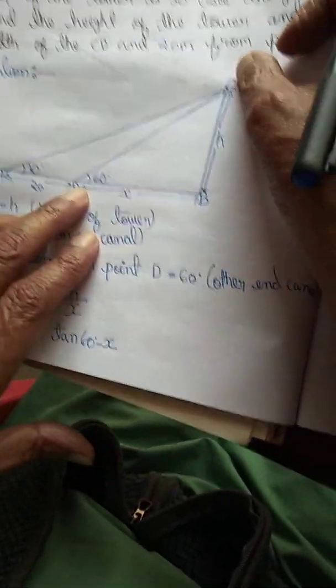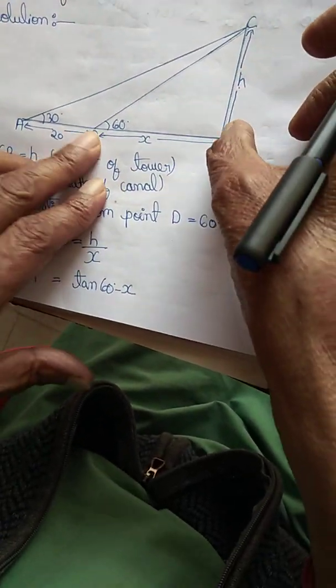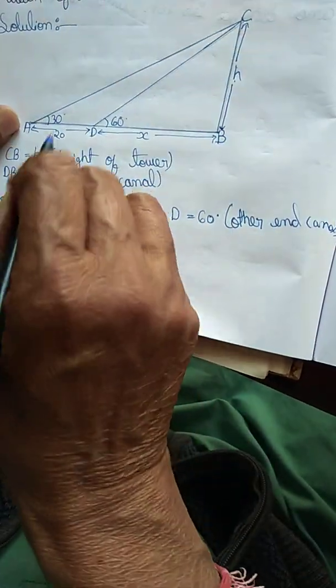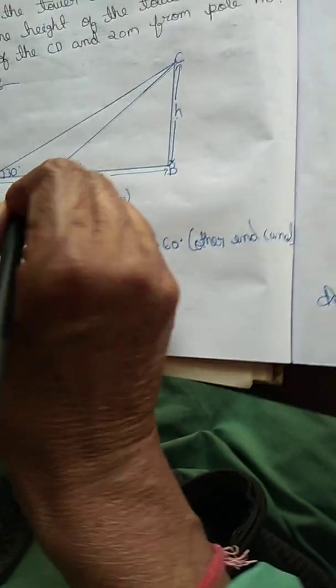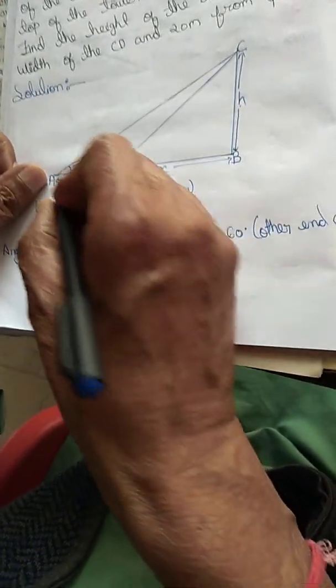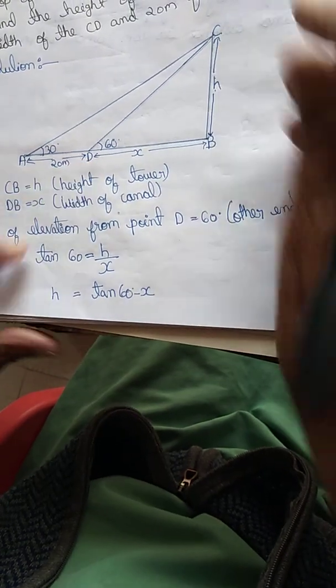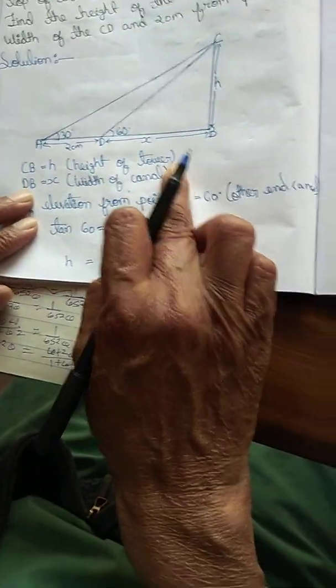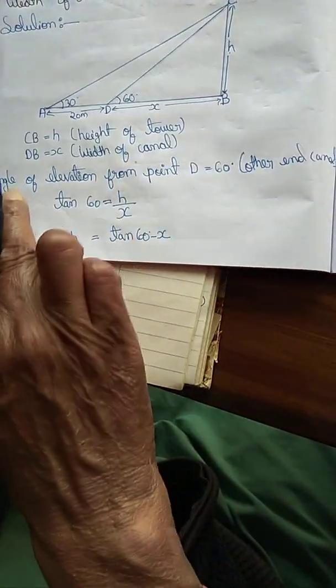This CB is the tower, this DB is the canal whose width is x. Now after moving 20 meter away from the other point of the canal, the angle of elevation is 30 degree, and this angle is 60 degree. So assume CB as the height of the tower h and DB is x.